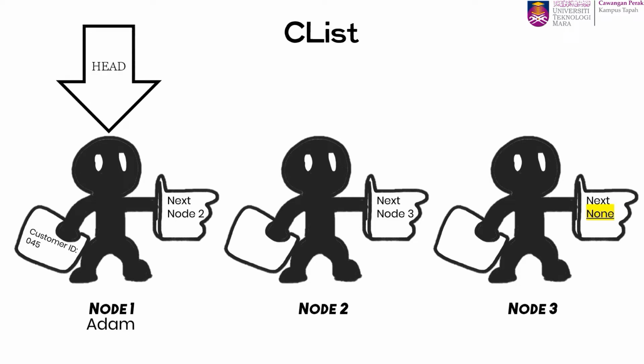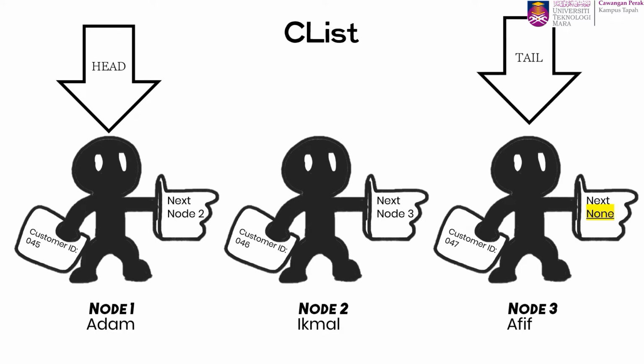So Adam will be the head node. Node 2 holds the data 56 with customer name Ikmal, which points to node 3, and node 3 is Afif, holding customer ID 47. The next node after Afif is null, so next is none, and Afif will be the tail node for this CList.